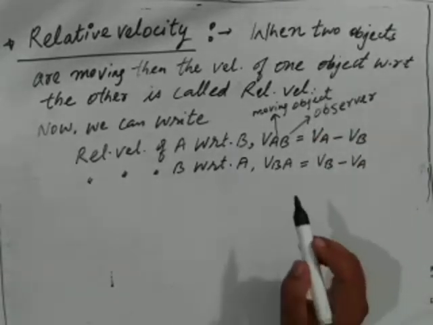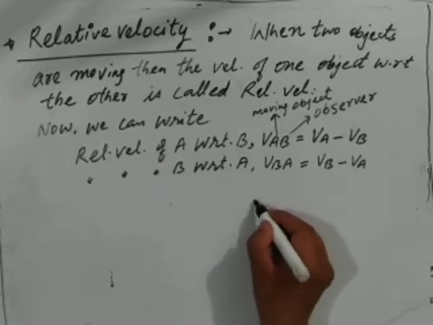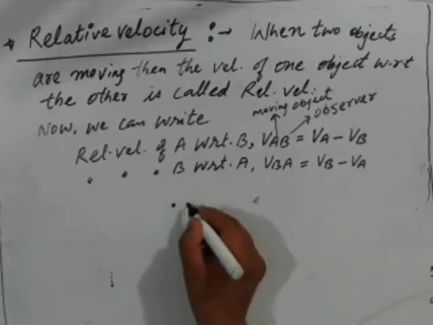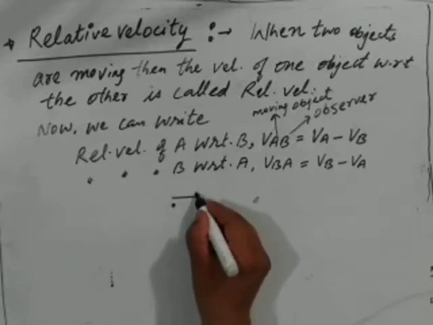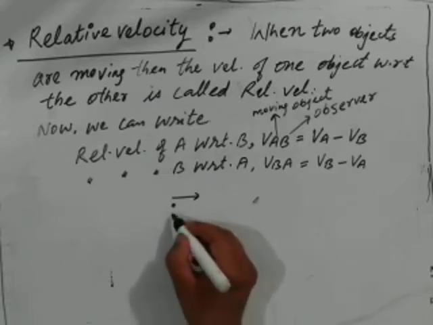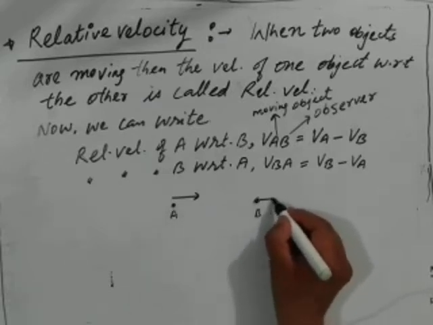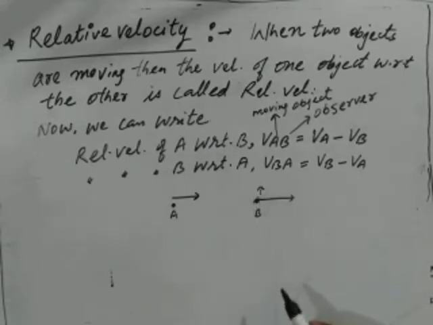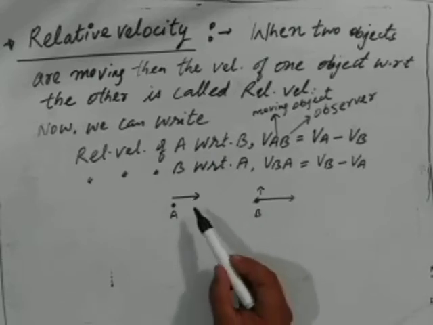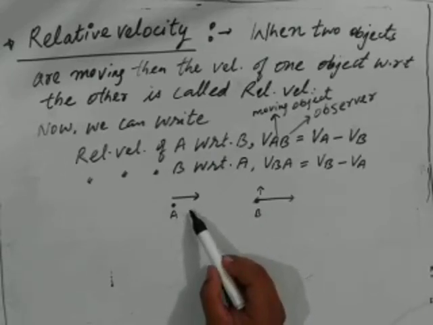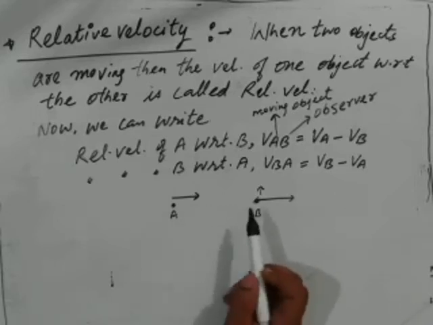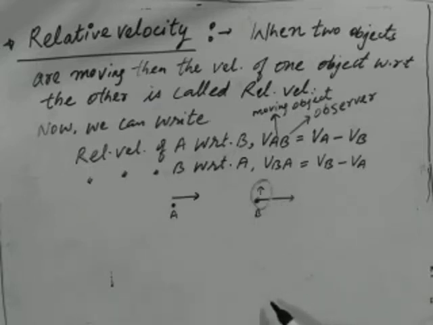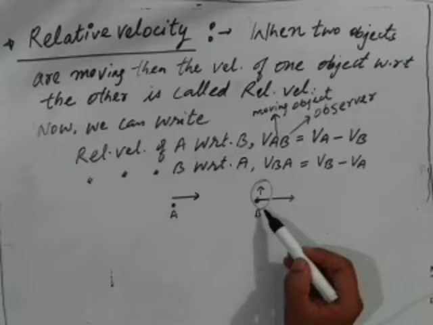Now you can consider the situation that if these are the 2 points where 2 buses or 2 cars are standing, one is going towards this side, the other one is going away. So the person sitting on this bus will observe this car or bus coming towards itself, assuming itself to be stationary. So we have called these observers.